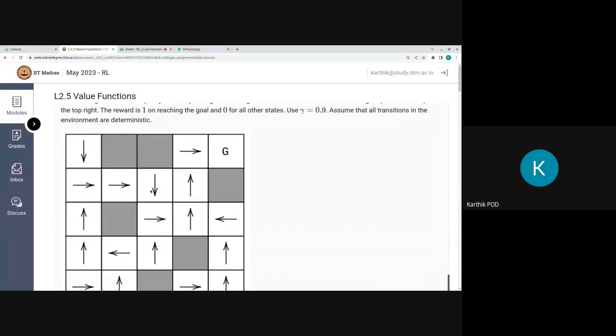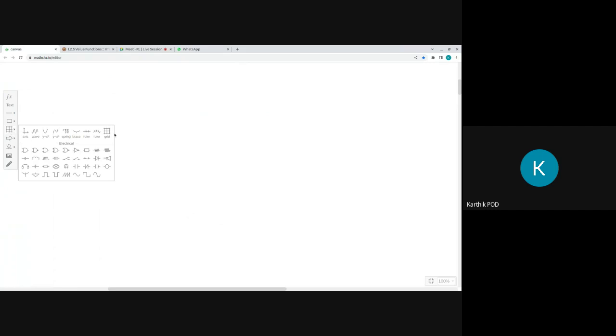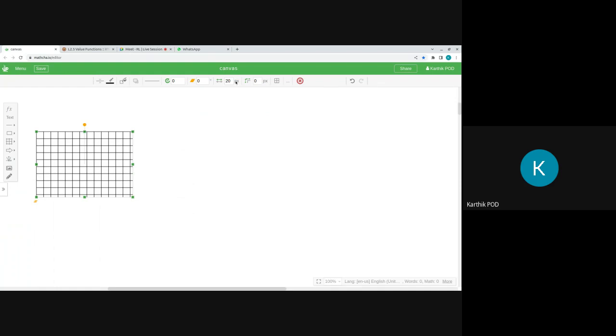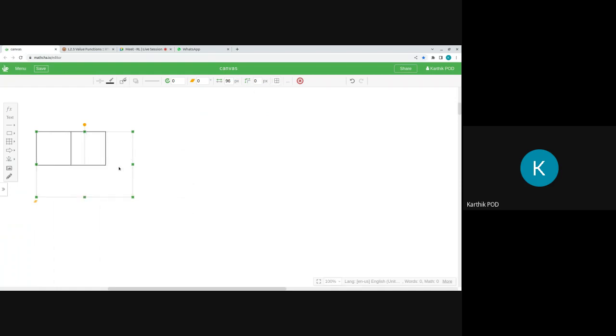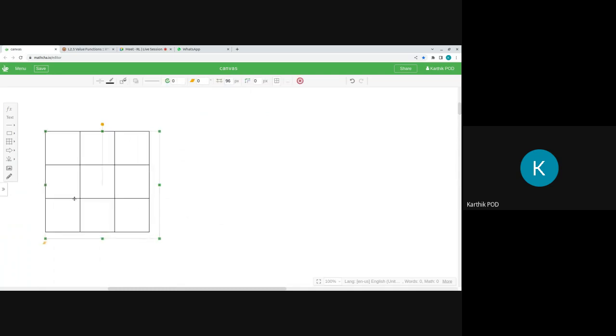let's say the grid world, right? Let us take a smallish looking grid world, with only 9 states. Let's number the states: 0, 1, 2, 3, 4, 5, 6, 7, 8.